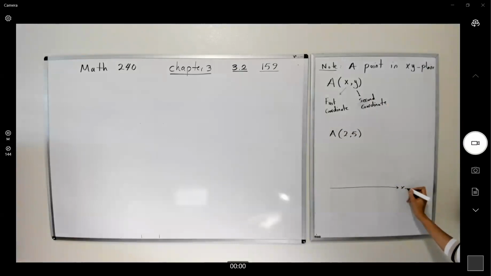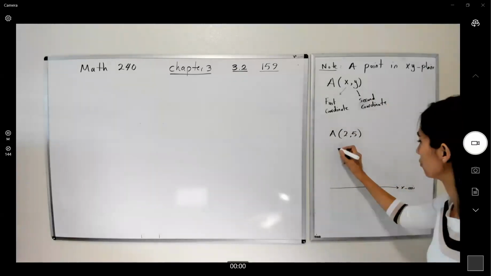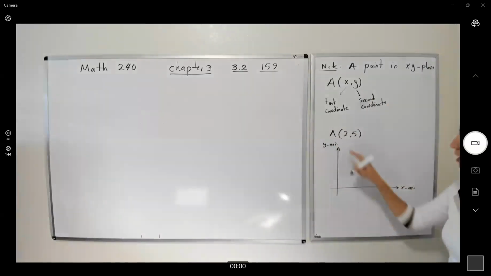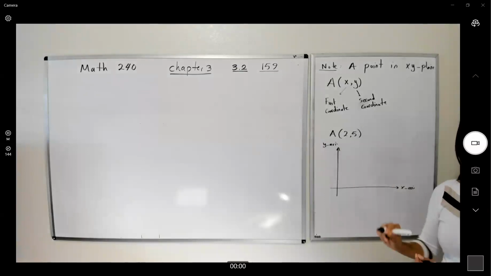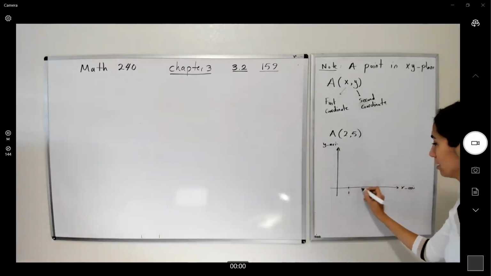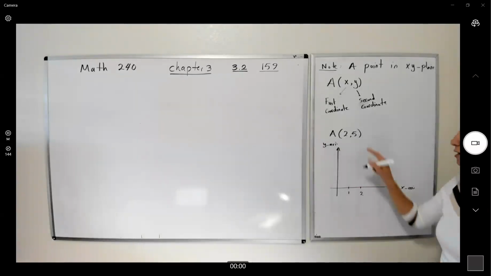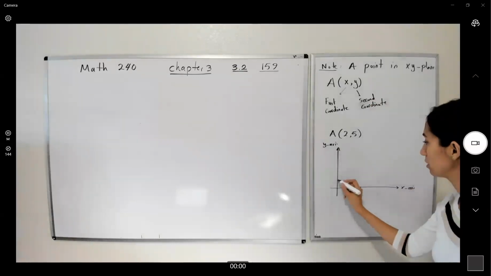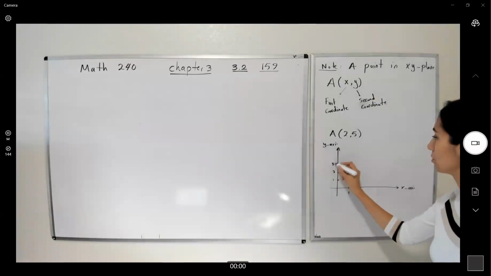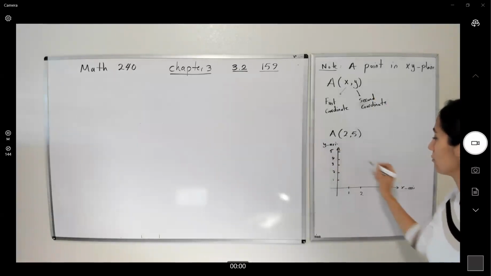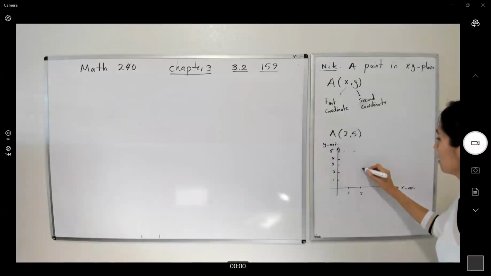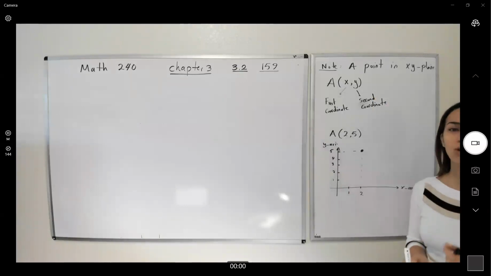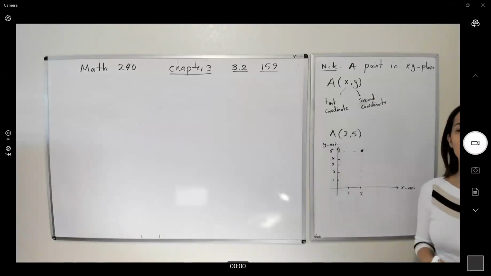You have your x-axis, you have your y-axis. 2 is the unit on the x-axis, and 5 is the unit on the y-axis or vertical axis: 1, 2, 3, 4, and 5. So if you connect these, the intersection is the point A with first coordinate 2, second coordinate 5.